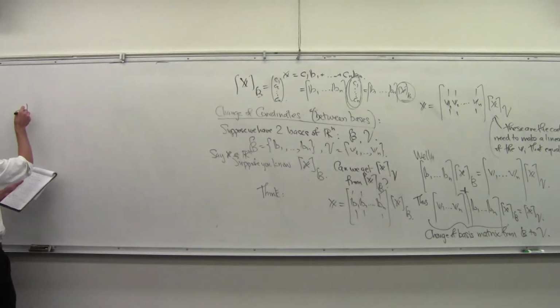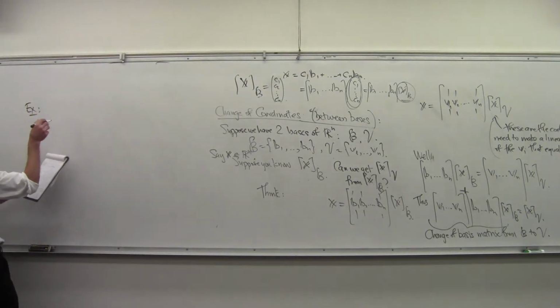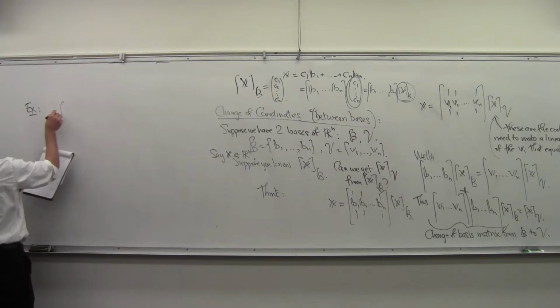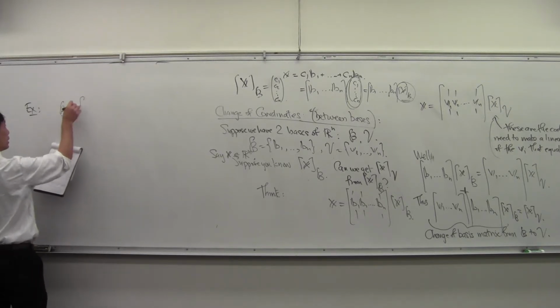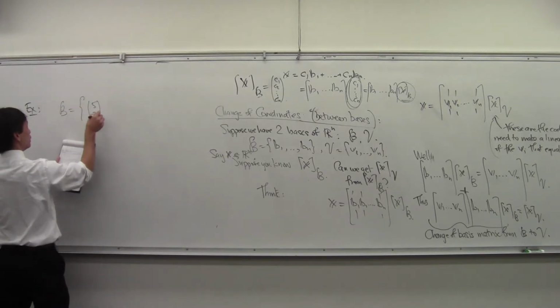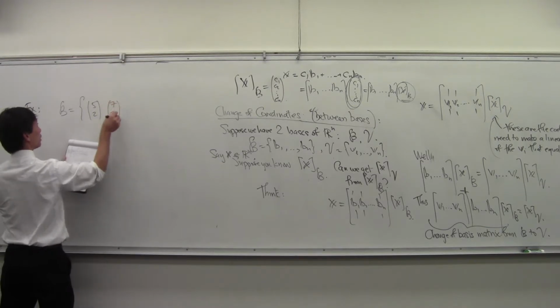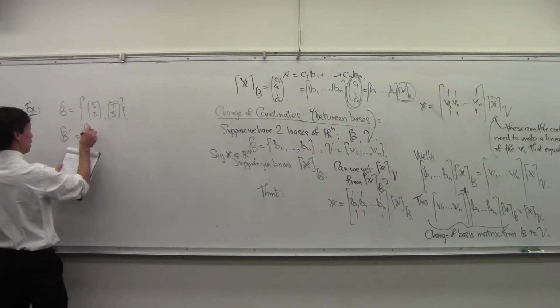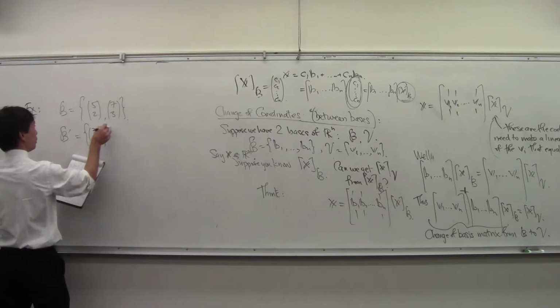Okay, let's do an example to make this concrete. Let's say that one basis in R2 is 5, 2, 7, 3. We have another basis, B prime, which is 3, 2, 1, 1.